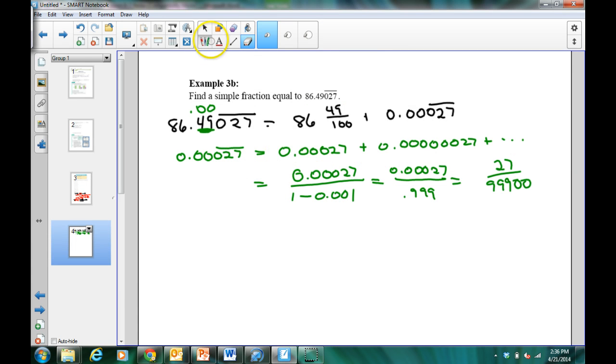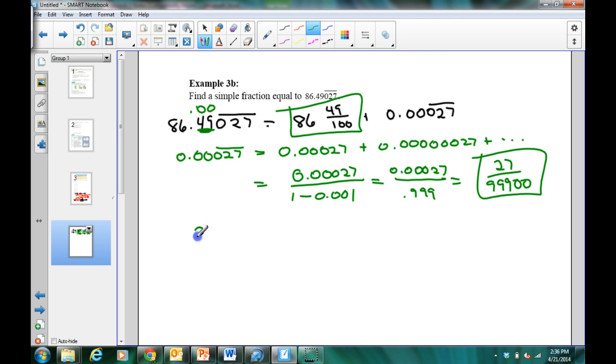So, in looking at this one, I have these two right here. Now, this is my fraction at this point because I took this repeating geometric series and my r value is 0.001. So now I need to add this one to this one.